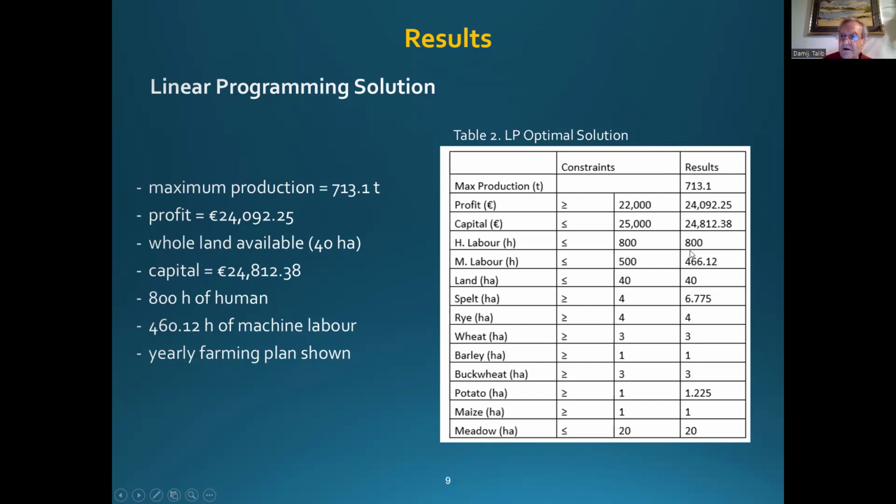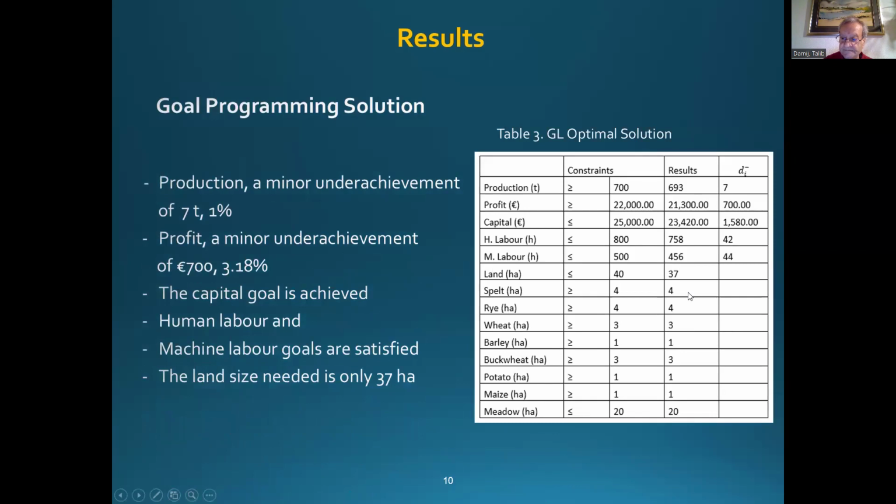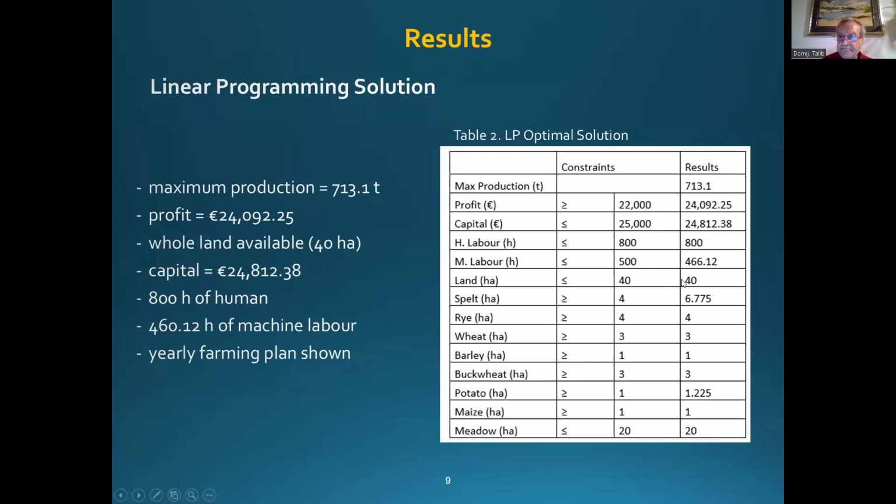The human labor is 800 hours. Machine labor is 466 hours. The land needed to implement the linear programming solution is the whole land available, so 40 hectares.